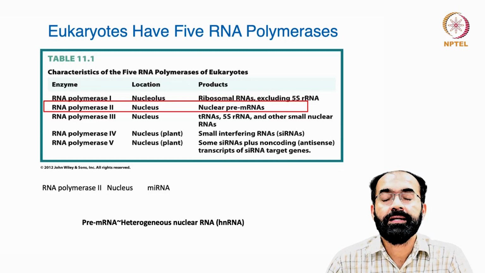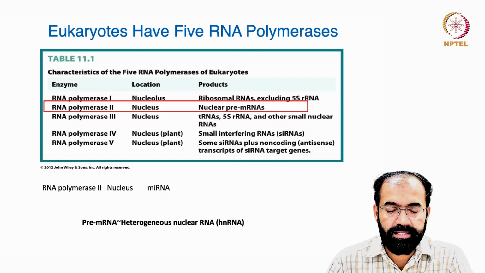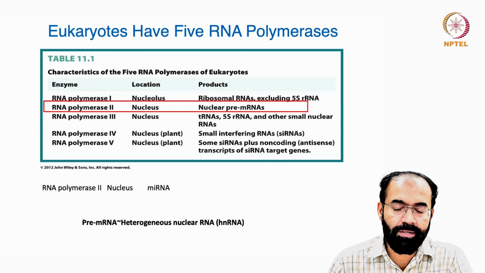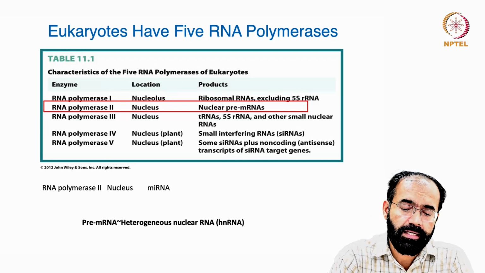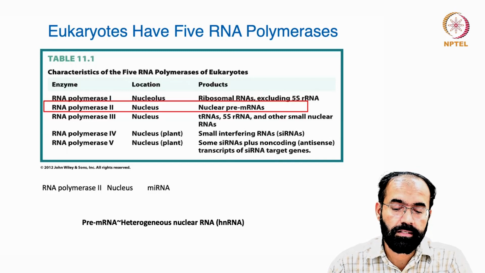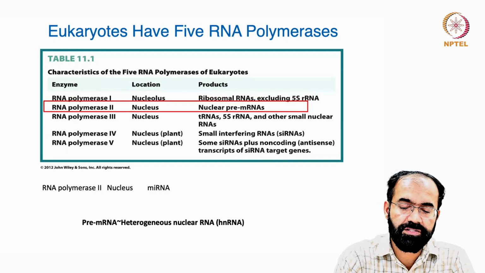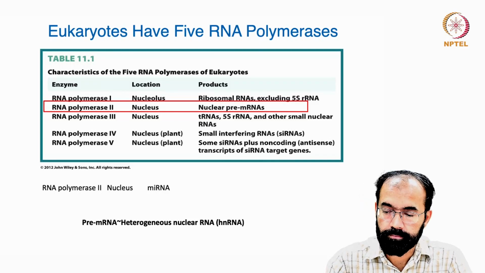You can never see a nucleolus lighter in stain, because ribosomal RNA production is quite high in the nucleolus, because of which there will always be an intense staining.